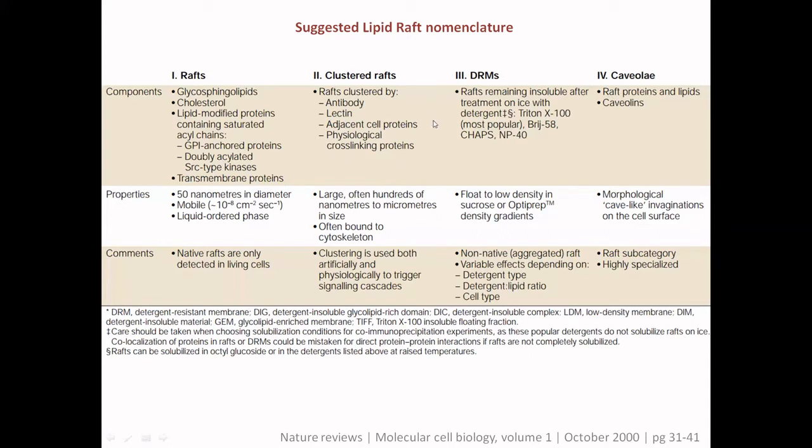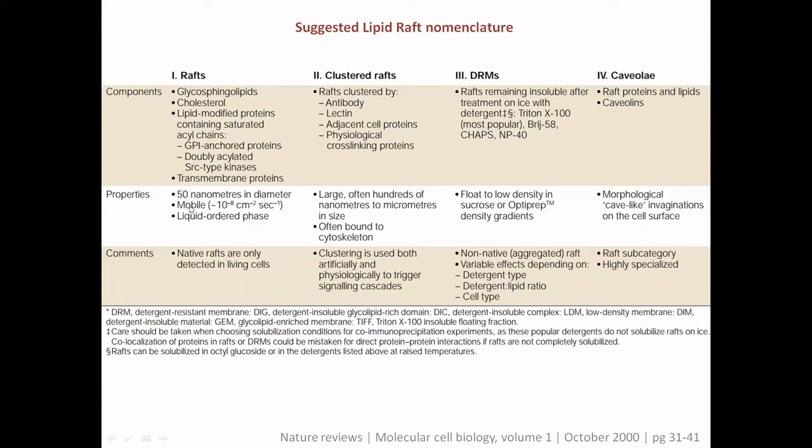And as we know that DRM is experiment based, these are insoluble on treatment on ice with detergents like Triton X100, Brij 58, CHAPS, and NP40. Whereas the caveoli is composed of the raft protein, lipids, and the caveolins. Coming to the property, the native rafts are almost 50 nanometer in diameter.